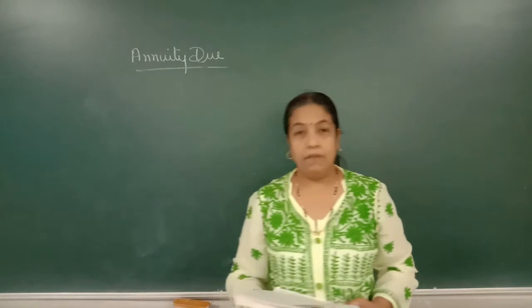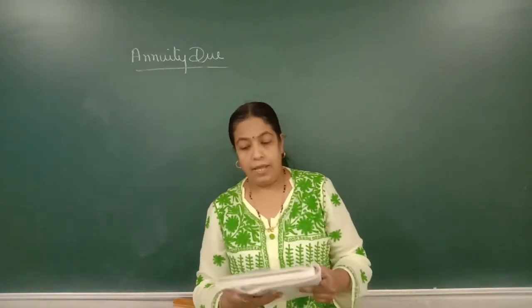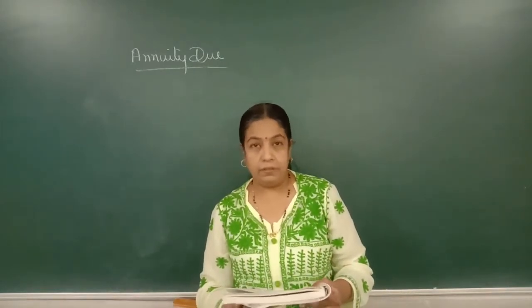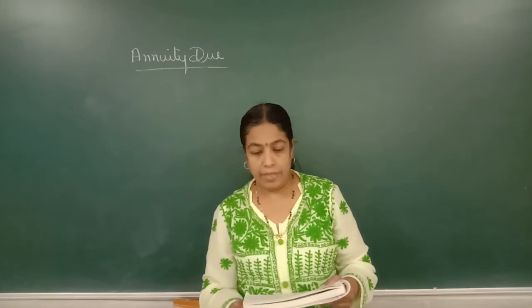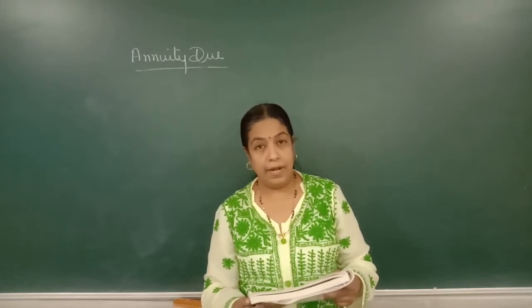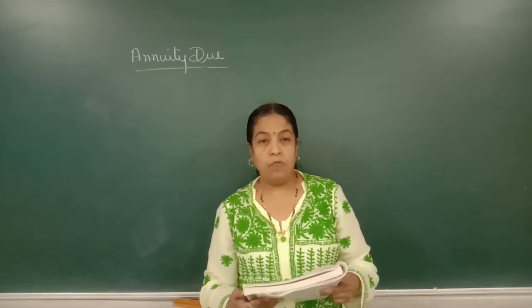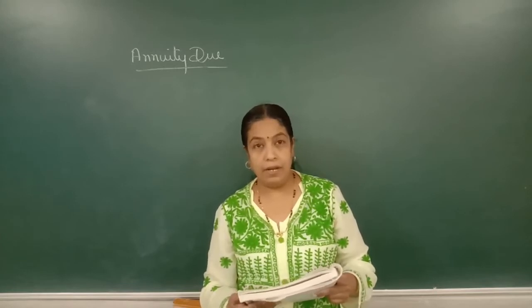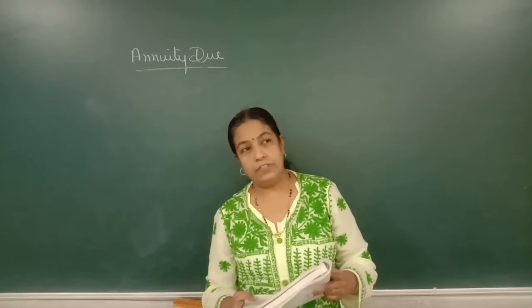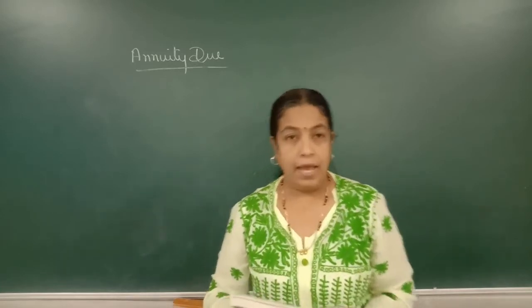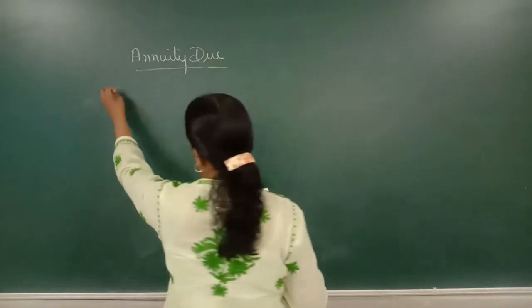I will read the sum. For an annuity immediate paid for 3 years with interest compounded at 10% per annum, the present value is 12,000. What will be its accumulated value after 3 years? Now first we will write down what is given. N is given to be 3 years.